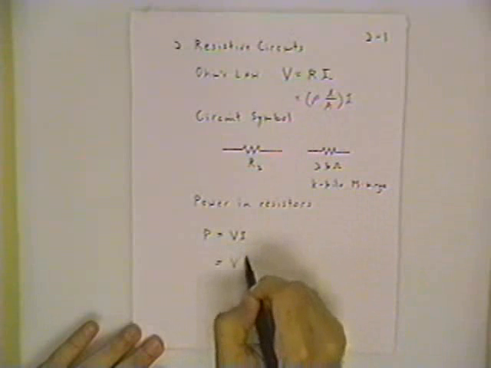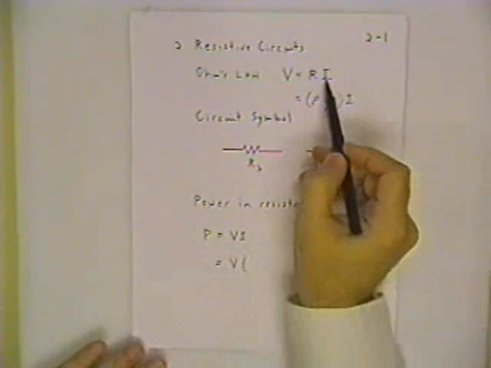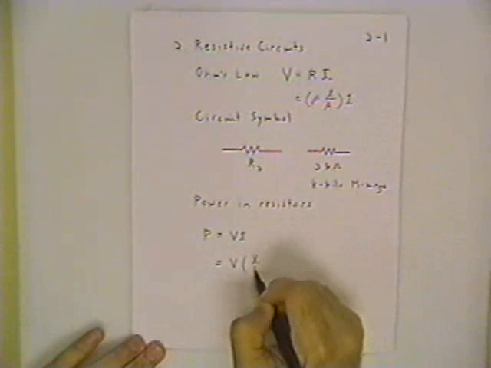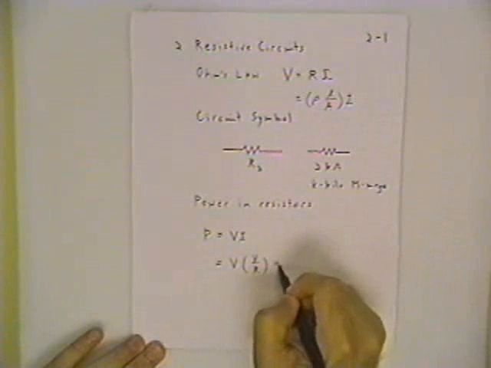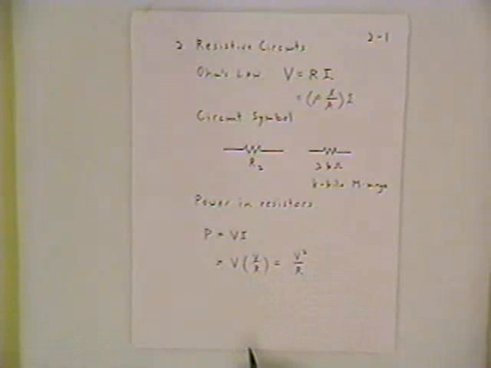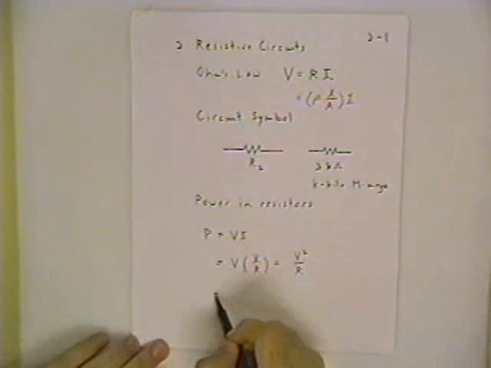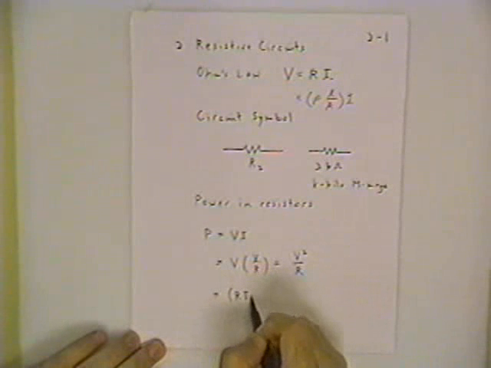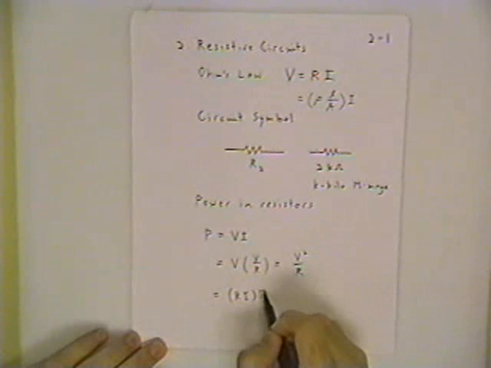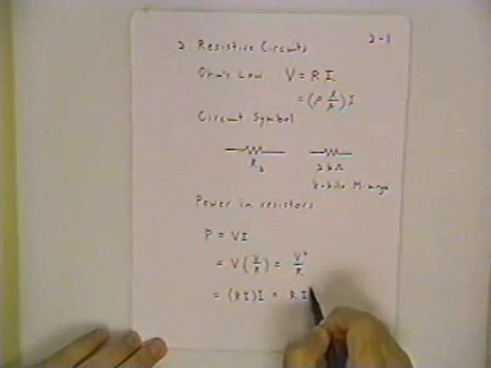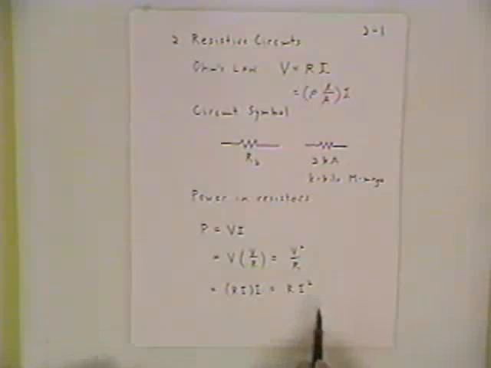We can take the current and instead write it as I is equal to V divided by R, and wind up with V squared over R. Or, alternately, we could substitute R times I for voltage, and that gives you R I squared. Or you might know it better as I squared R.